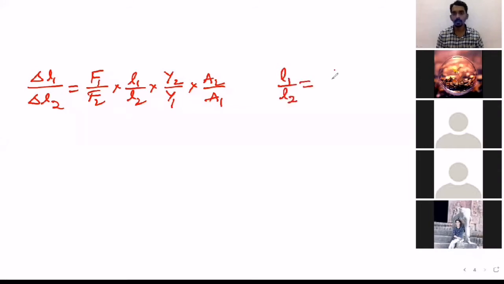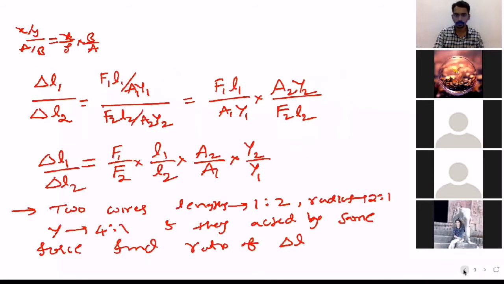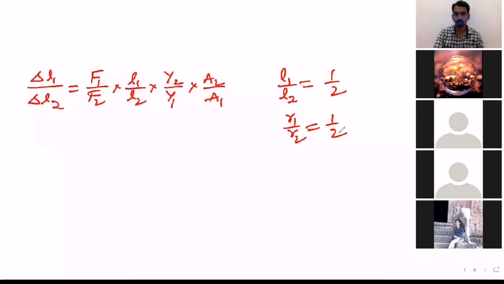Length ratio L1 by L2 is 1/2 and radius ratio R1 by R2 is, sorry, that is 2/1. So here 2/1.